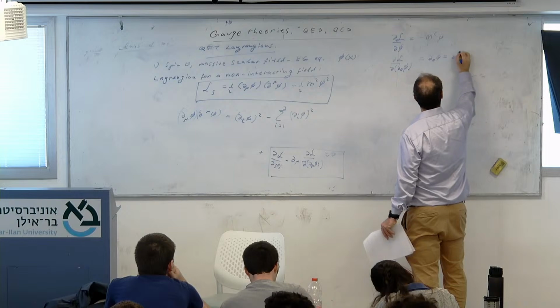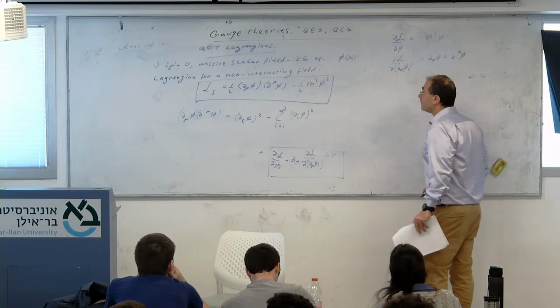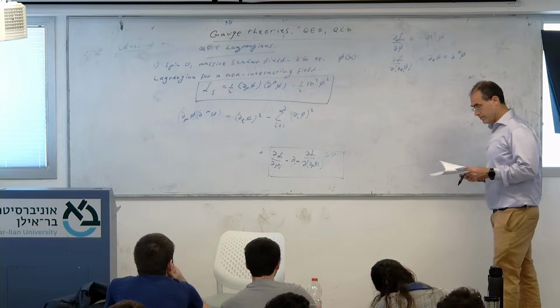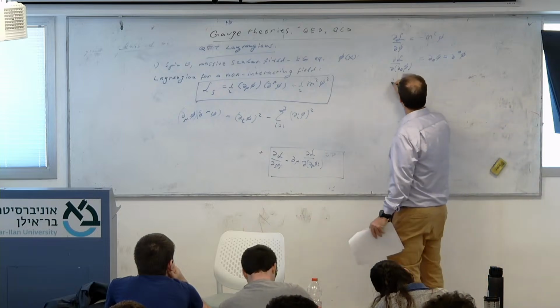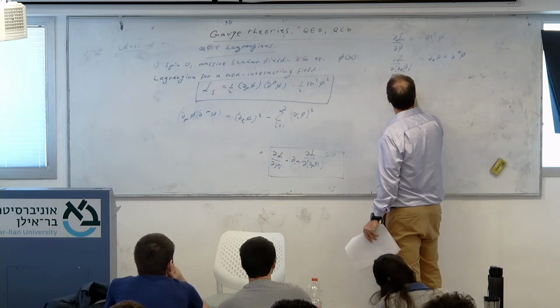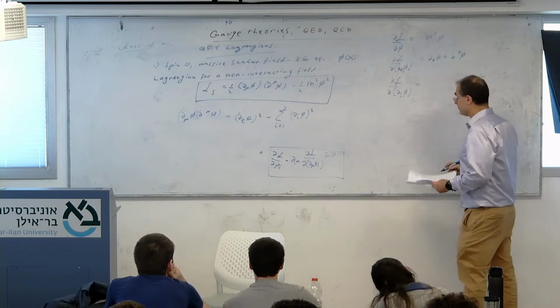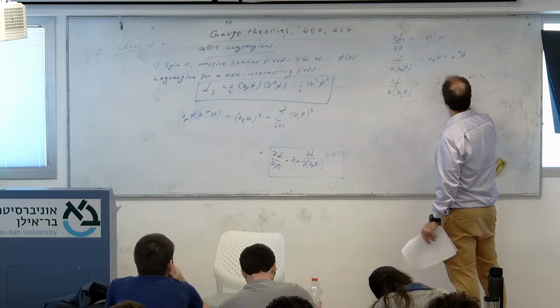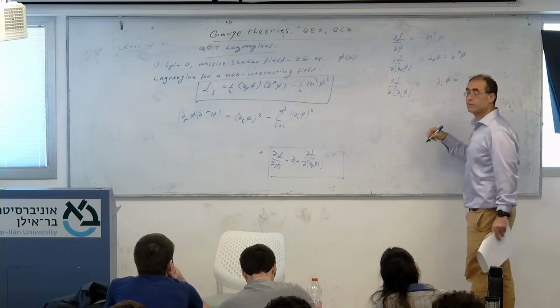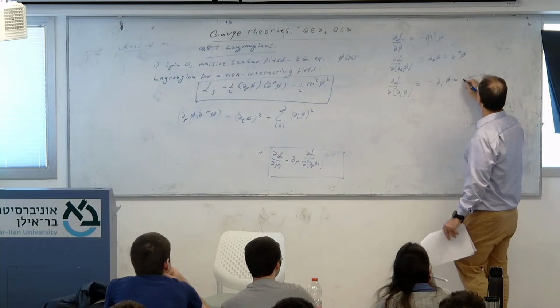And dL d di phi is minus di phi, which, if I raise the index, is plus di phi.